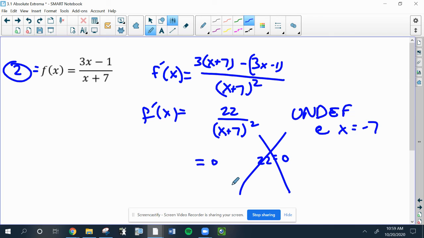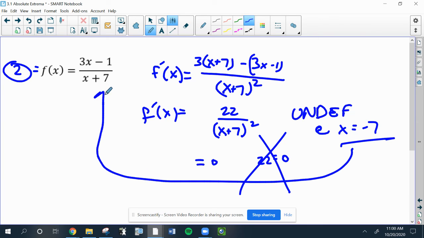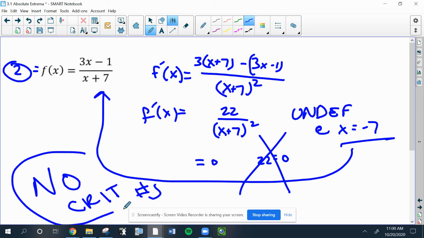So that would be a critical number, except you have to check to make sure it's defined in the original problem. So if you plug -7 into the original problem, you're going to see that it makes it undefined. Therefore, there are no critical numbers, since the only one that we found makes it undefined.